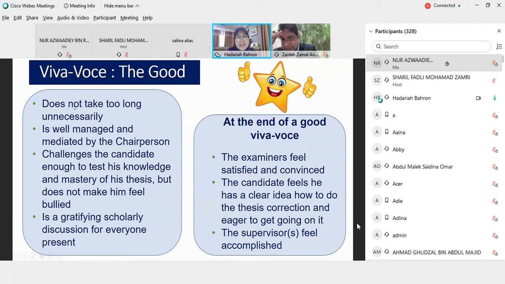This is where the chairman will have to play a big role. Do not allow it to become too long. Unless everybody is having such a good time discussing the result and is happy and jolly that they can talk for many, many hours about it. But don't let it take too long.